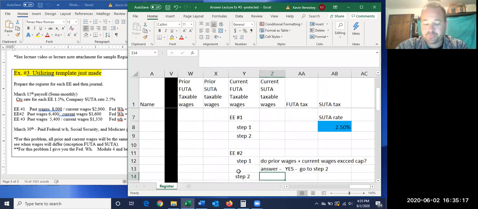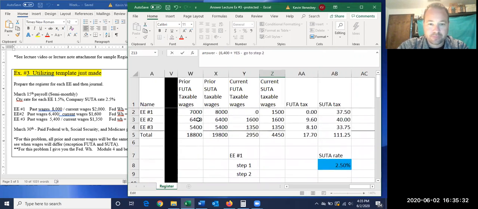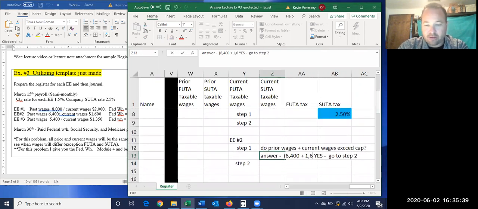Step 2, because our cap is 7,000, and if I wanted to show the work, we could. Let's go ahead and just show the work. We had 6,400 in prior wages, plus 1,600 in what I'm using as my federal wages. If I add those two together, we go over the cap.